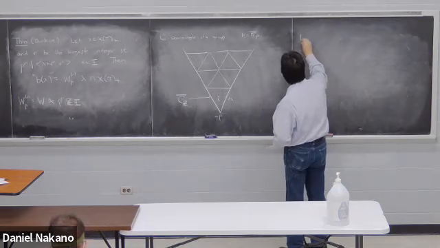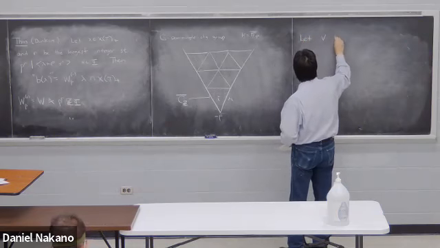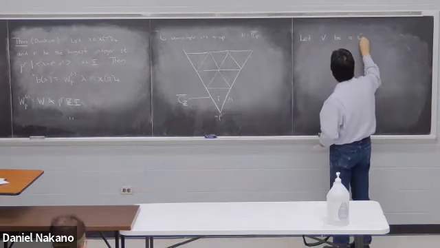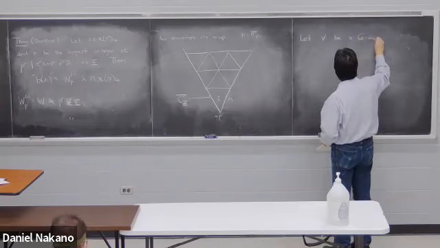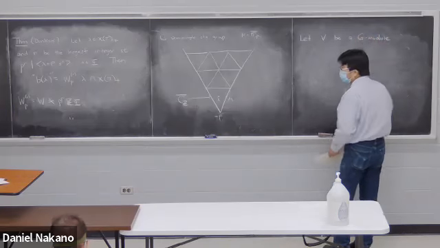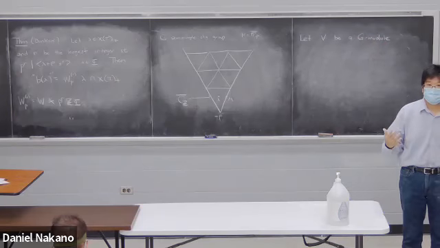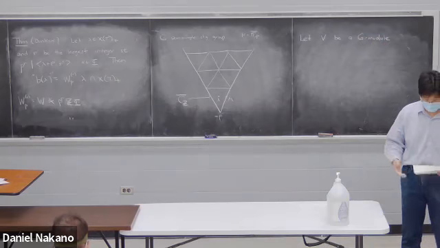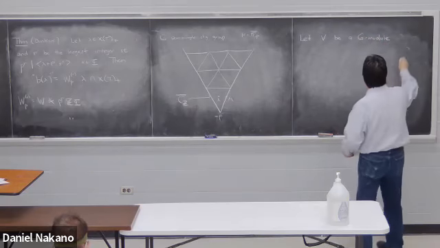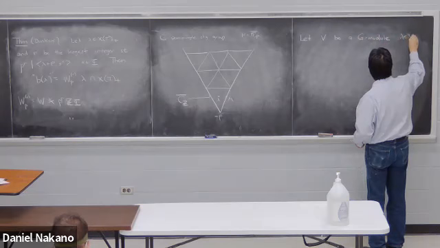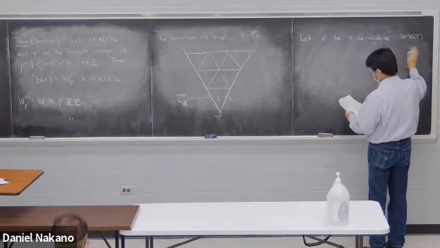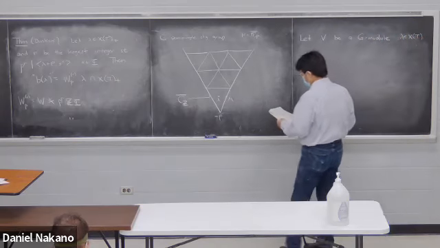So let V be a G-module. And now what I want to do is look at all composition factors which are linked to lambda. So let's say lambda is in X(T).